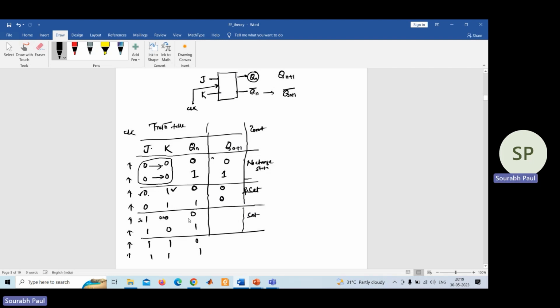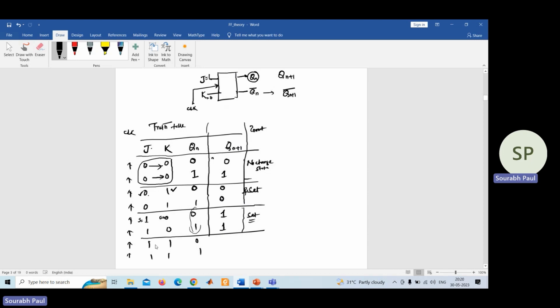Set means whatever may be my present output, after applying the clock, my next output will definitely be 1. So if your input J equal to 1 and K equal to 0, then after applying the clock, immediately your output will be 1. Whatever may be your present output, it can be 0, it can be 1, after applying the clock the next output, Qn plus 1, will definitely be 1. And this is known as set state.